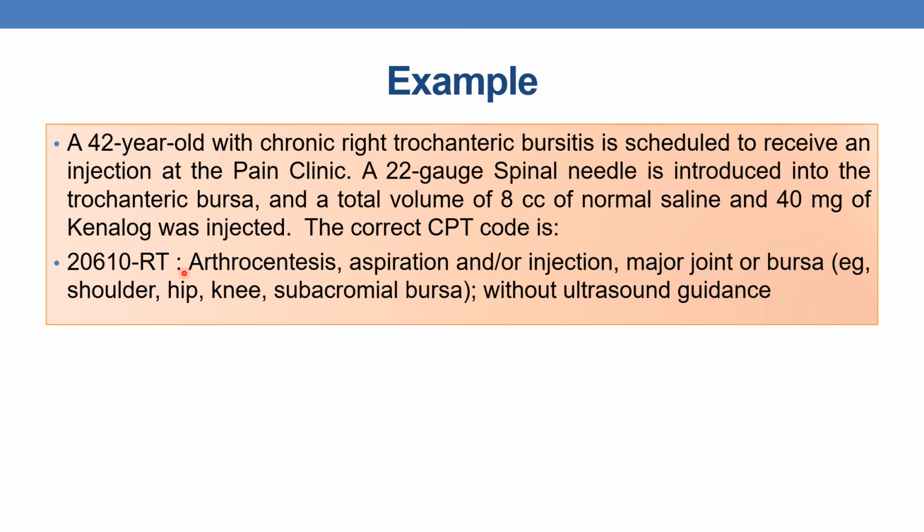The correct CPT for the procedure is 20610 with RT modifier, which indicates right side, because of chronic right trochanteric bursitis. 20610 indicates arthrocentesis, aspiration or injection, major joint or bursa, for example, shoulder, hip, knee, subacromial bursa, without ultrasound guidance. Additionally, the product code for the drug should also be given.